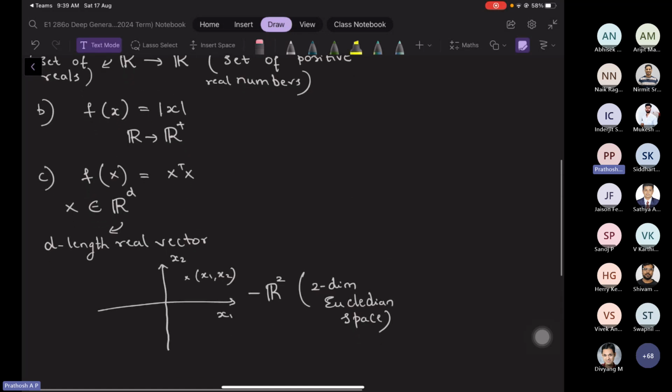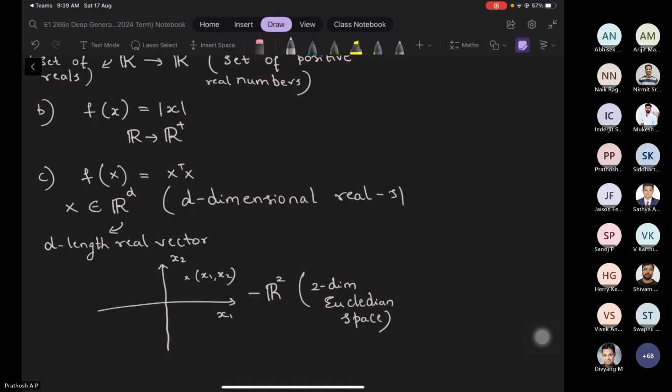Yeah, I was saying, this thing is a d-dimensional real vector, right? In general, this is called the d-dimensional real space. Basically, every point in this space is represented by a d-dimensional tuple, where d is a positive integer, Z plus.